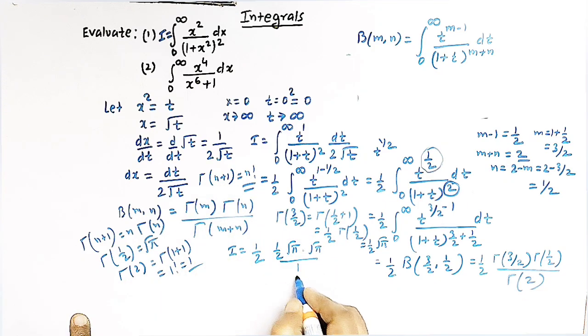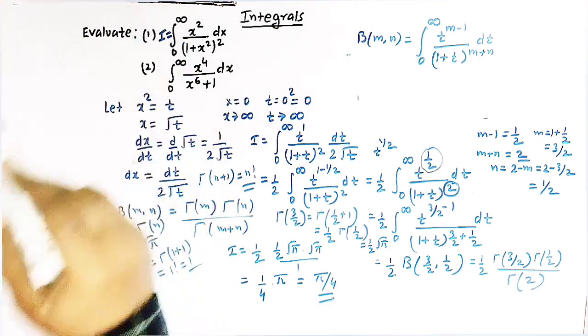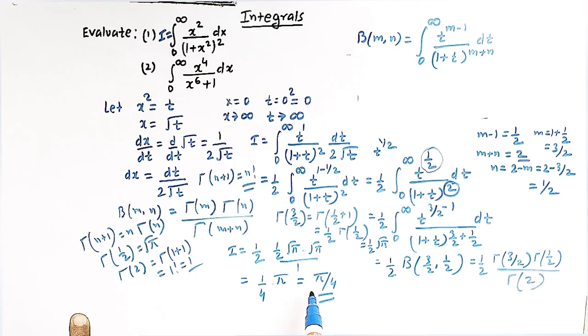So here we have 1, so this is half times half is 1 over 4, and here root pi times root pi is pi. So we have pi over 4. So the value of this integral I is equal to pi divided by 4.